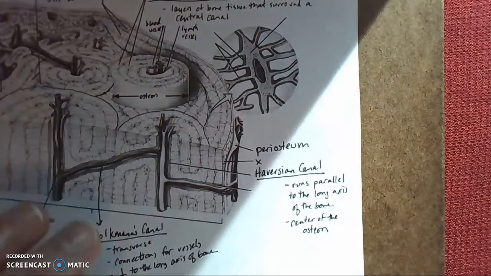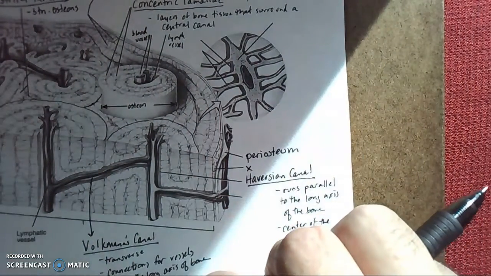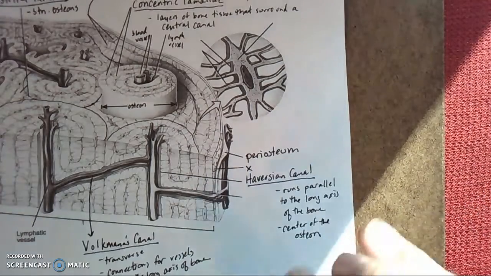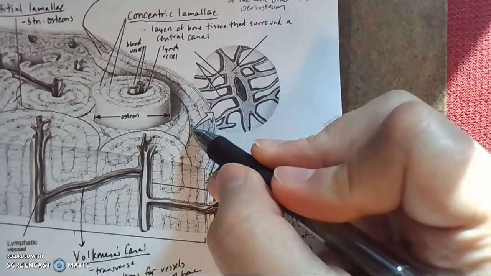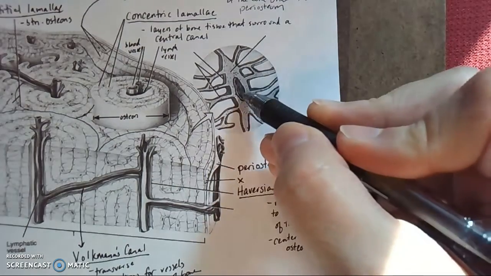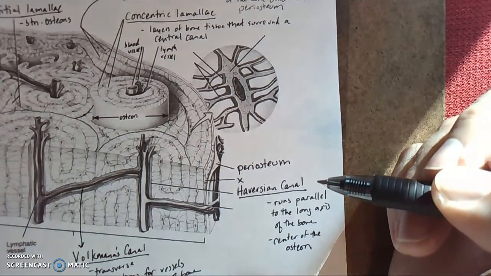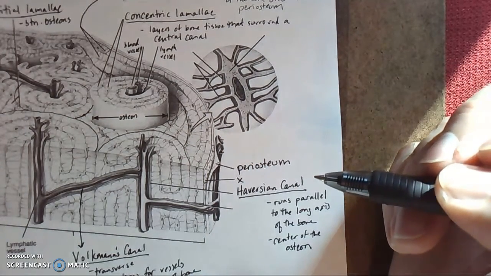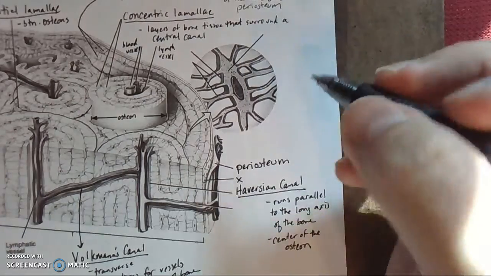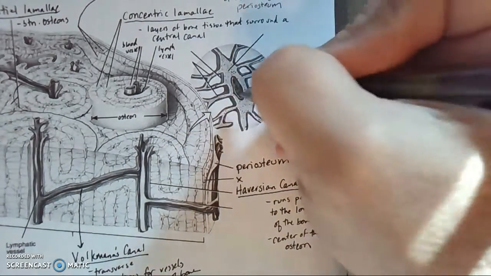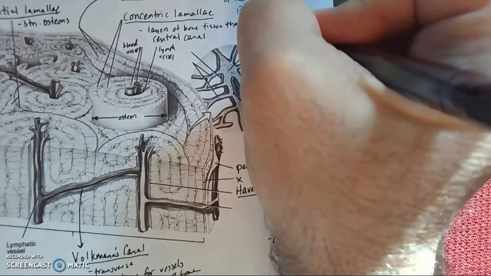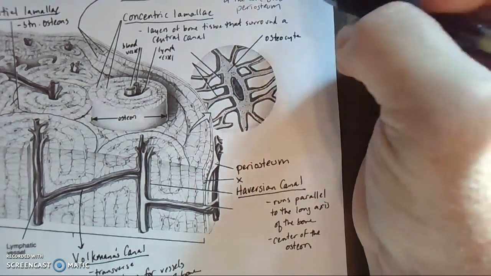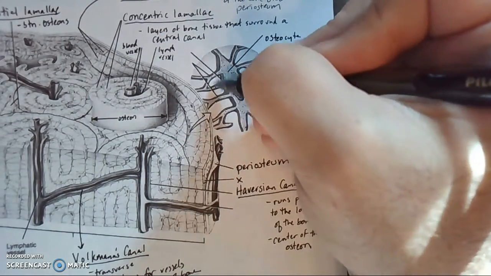So if we look here at this diagram, we can see that we have blown up this little area right here, and here we can see our osteocyte. So in here we have this osteocyte, and we have these different features here.